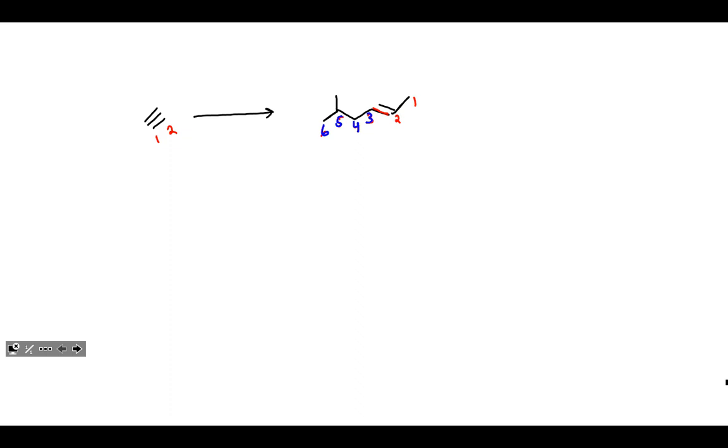What my alkyl halide looks like is going to be different. In this case, 3, 4, 5, and 6. So that's going to add my new carbon-carbon bond between carbon 2 and carbon 3. It's my new bond. And there's my triple bond.